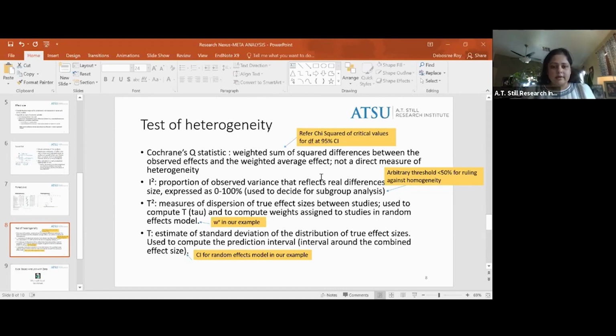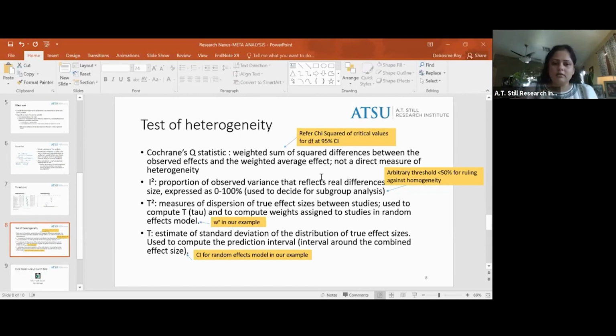Now, the tau-squared statistic measures the dispersion of true effect sizes between studies. Again, we don't use it exactly as an indicator, but we use it to compute weights assigned in the random effects model. You have to compute tau-squared and tau only if you go with the random effects model.